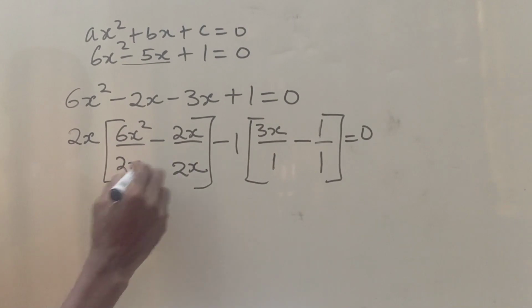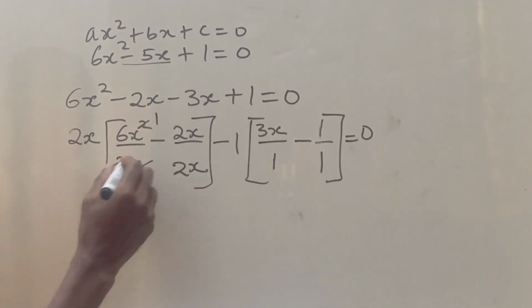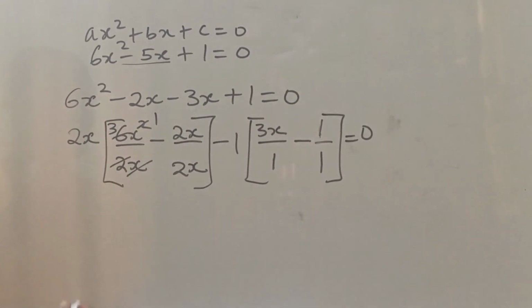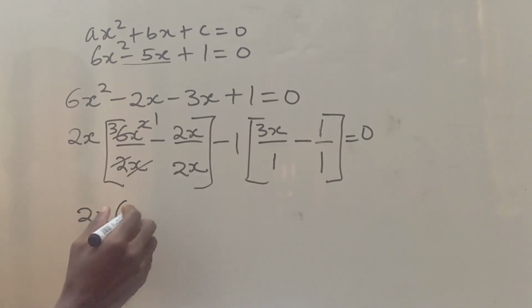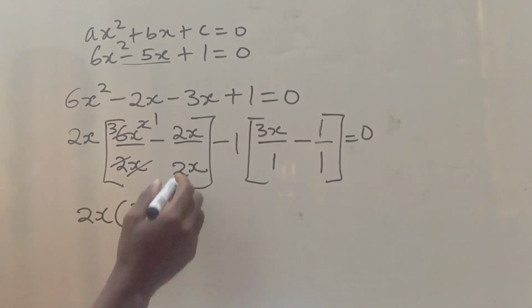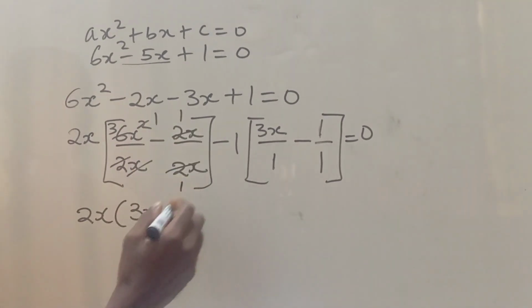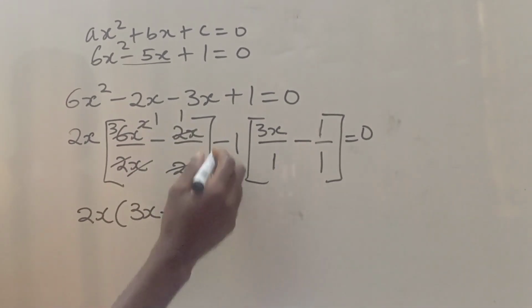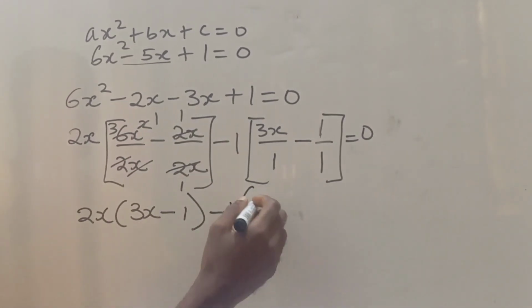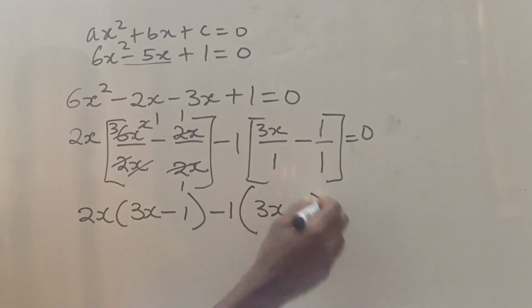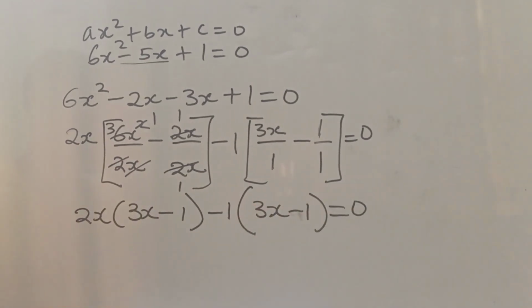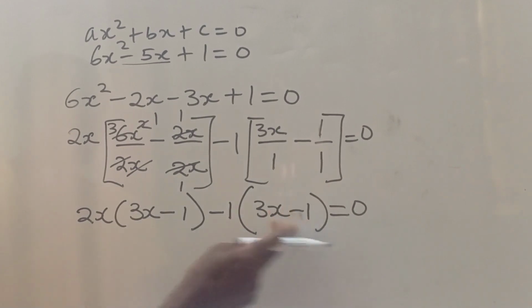So we can cancel out 1 here. This can cancel, this is 3, so we have 2x, this is 3x. This cancel, this is 1, 1, so we have minus 1. And this is 3x minus 1 equals 0. Now from here, we can still factor out this.